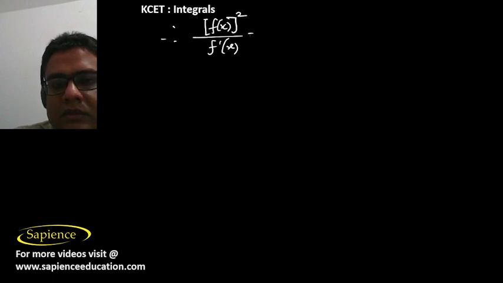Therefore, we have f of x whole square divided by f dash x equal to 1 by b square minus a square into sin 2x.